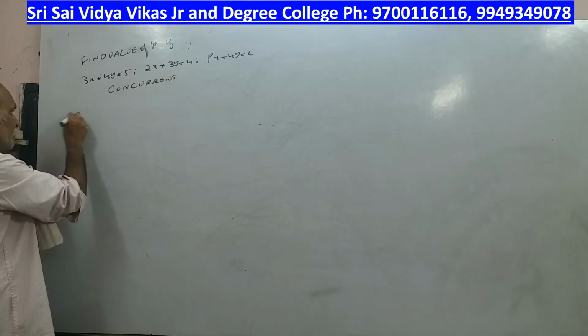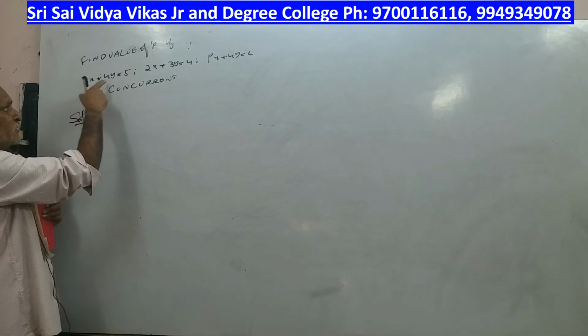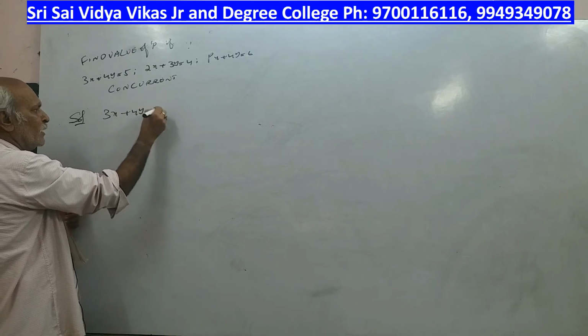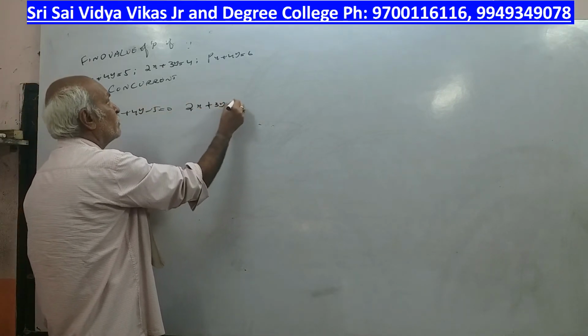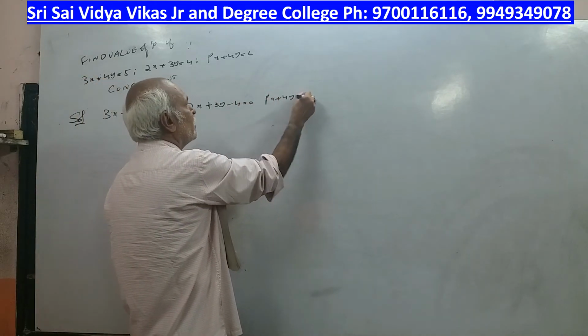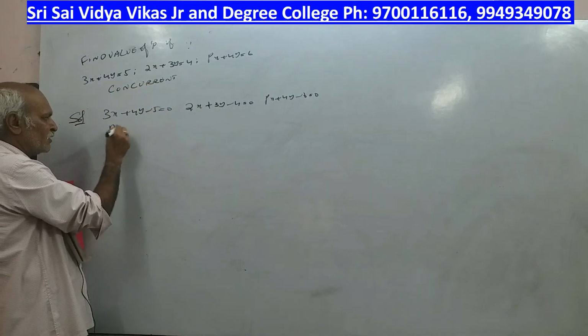Now look at the solution. Why I have taken this problem? Very, very important. 3x plus 4y is equal to 5. So we have to write always minus 5 is equal to 0. 2x plus 3y minus 4 is equal to 0. Px plus 4y minus 6 is equal to 0 lines. Okay, first we will find point of intersection.